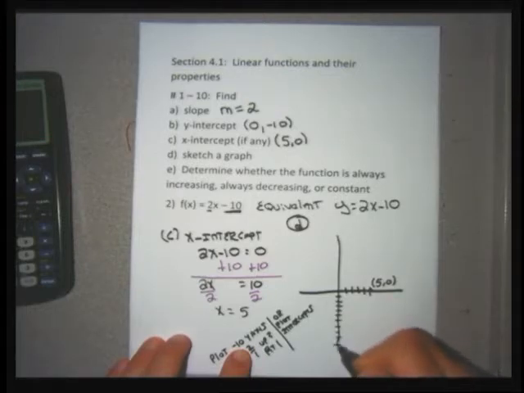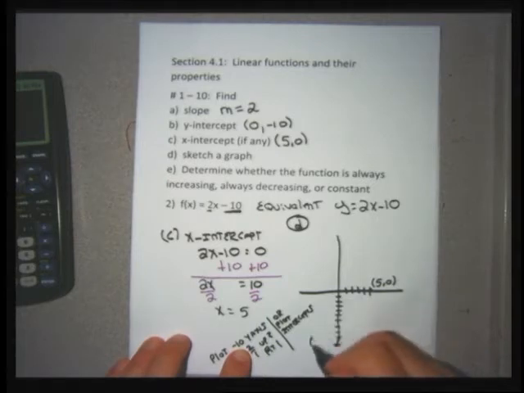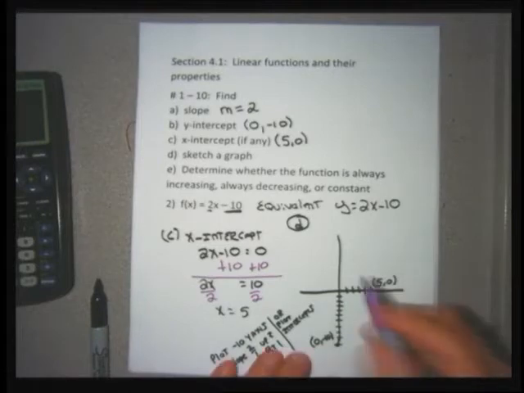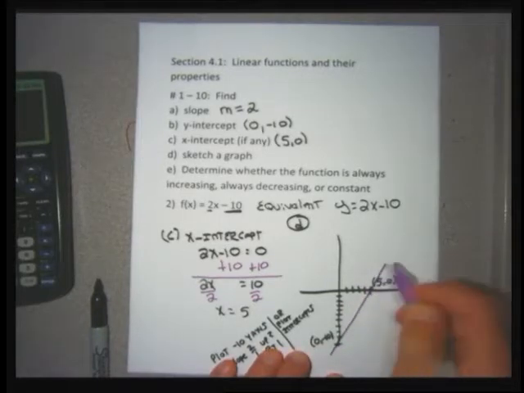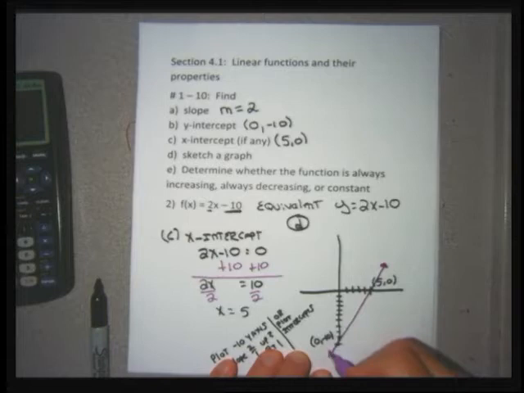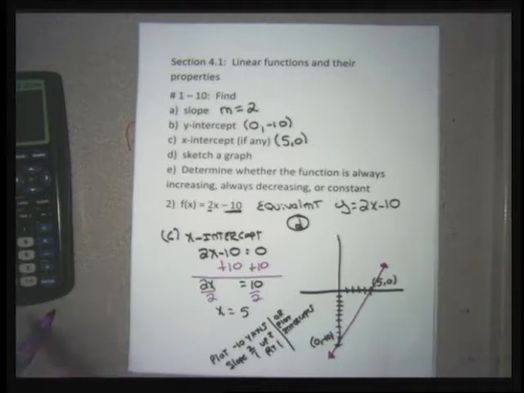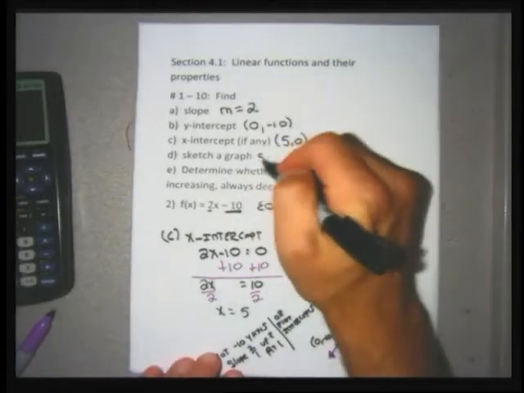Similarly, on my y-axis, I just made 10 ticks, and I understand that that represents the point (0, negative 10). Now I'm going to connect those two points with a line. The line should go on forever, and eventually I'm going to stop drawing. It's appropriate, but I don't always do it, to put arrows at the end of the line to mean that the graph doesn't end, that it goes on forever. So for sketch a graph, I'll write here, see below.